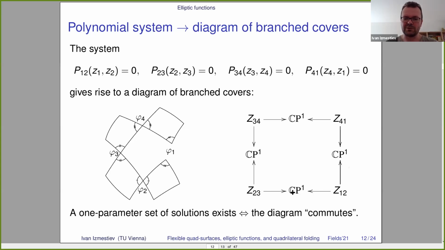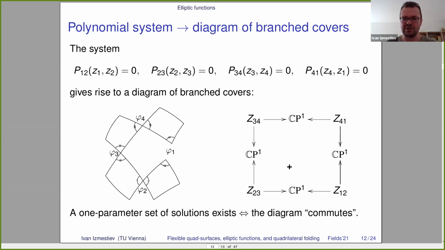All right, and then the approach is to study more complicated configuration spaces, namely over Z12 and Z23, you can construct the fiber product, which is then the configuration space of 2 adjacent quadrilaterals, and then rise up and up to the big configuration space.